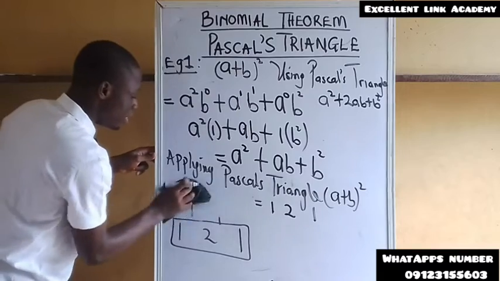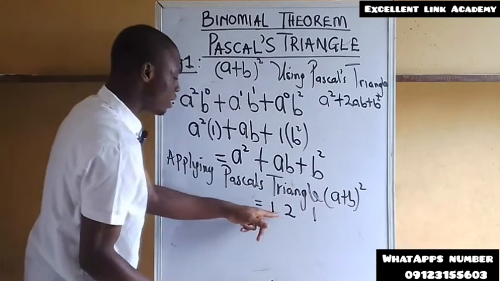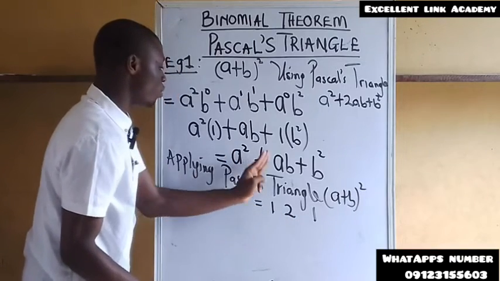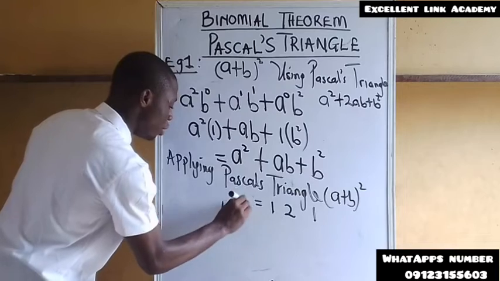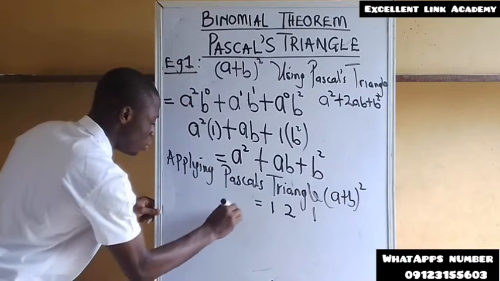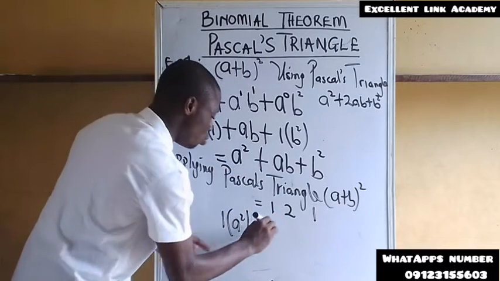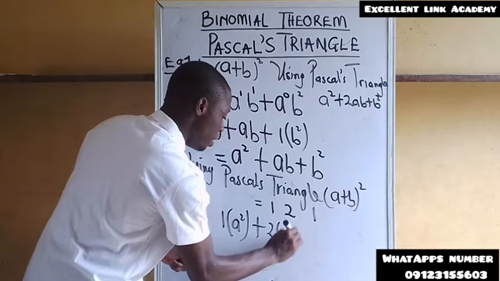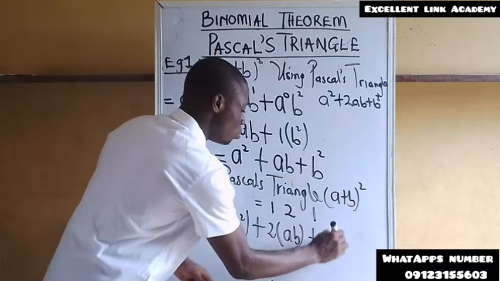So now, it simply means they stand in front of all this. That becomes 1 times A squared, plus 2 times AB, plus 1 times B squared.